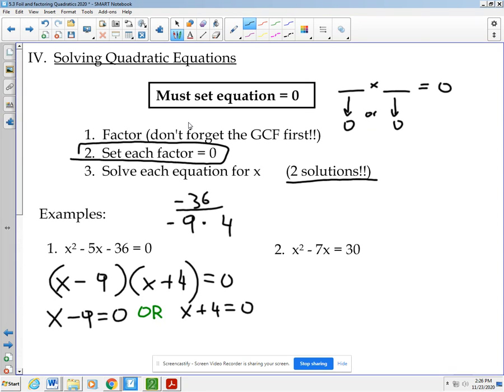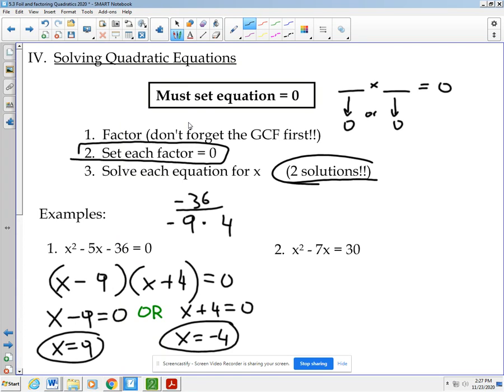If you solve the first equation, you do plus 9 on both sides, x equals 9. If you solve the second equation, minus 4, x is equal to negative 4. So we have two solutions, x equals 9, x equals negative 4.